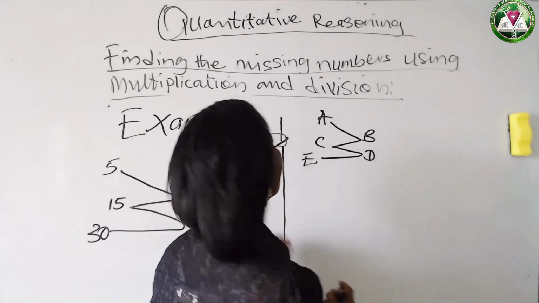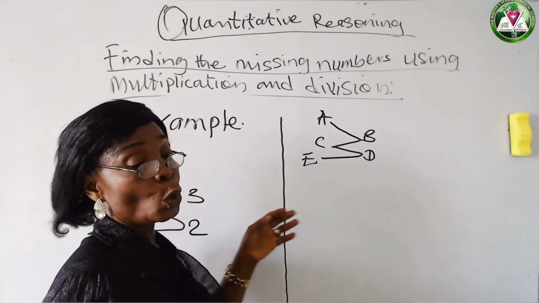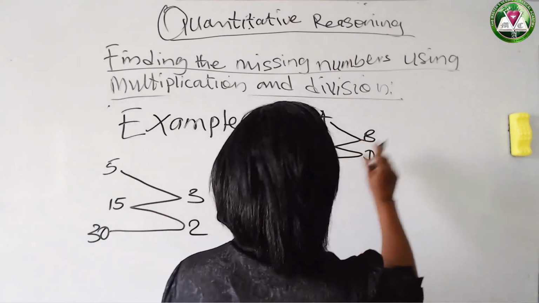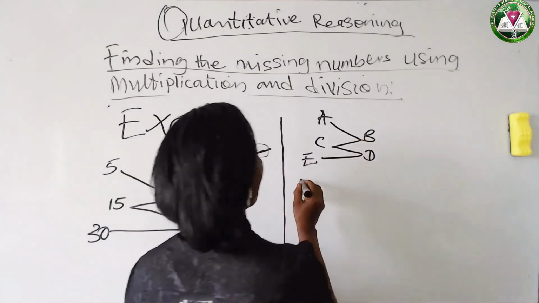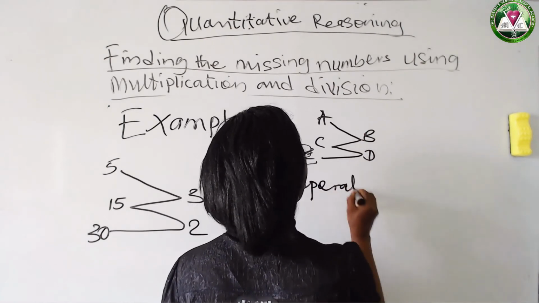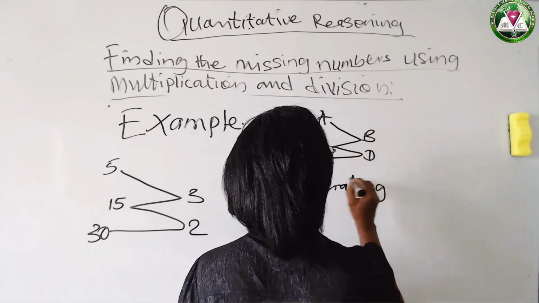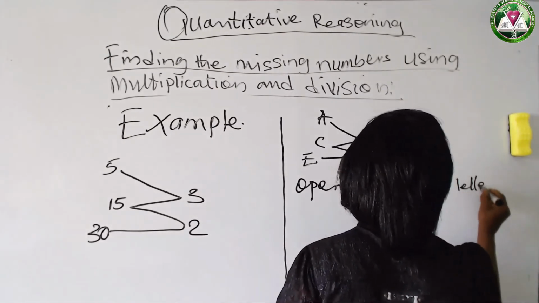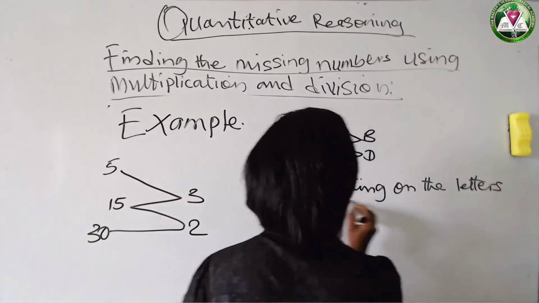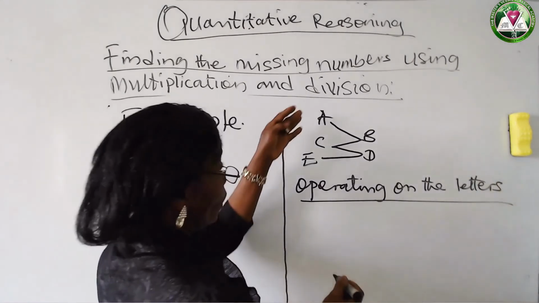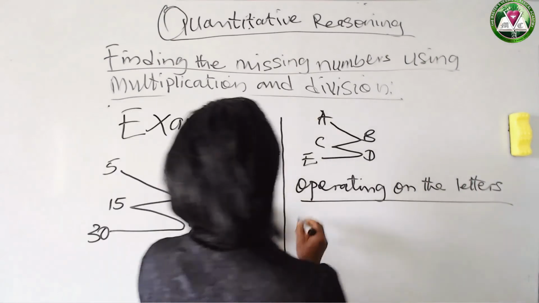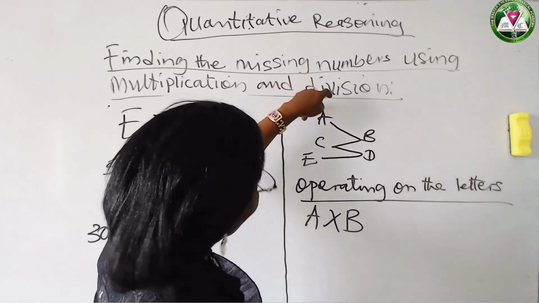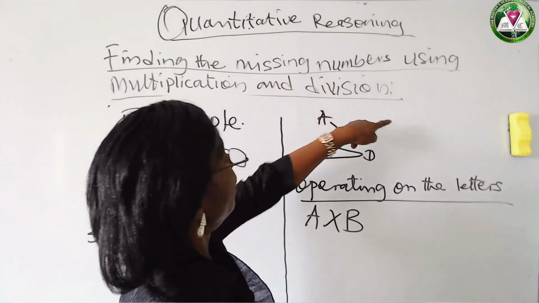Now, I say that the next thing is for you to operate on these letters. Now, let's operate on these letters. You have to say A times B, that is this times this will give you this.